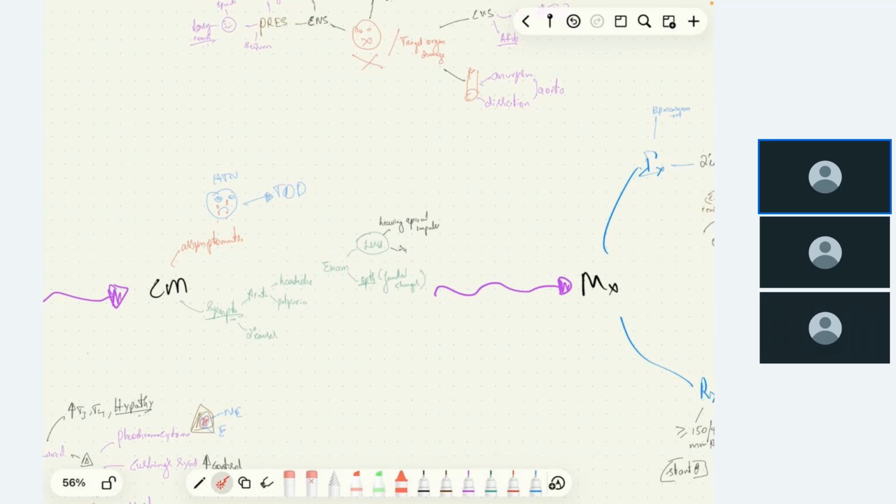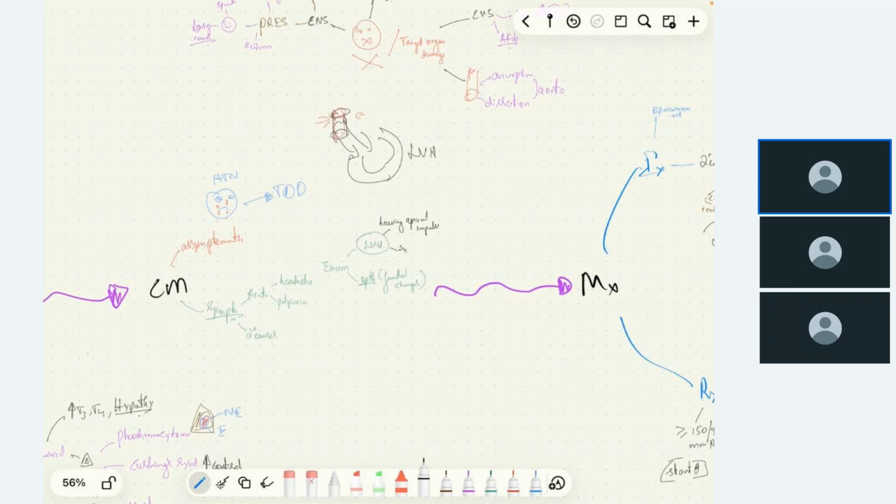And also, due to left ventricular hypertrophy secondary to hypertension, the hypertension increases the peripheral vascular resistance. Increased peripheral vascular resistance inside the blood vessels will cause back pressure. Here the resistance is increased, we will have back pressure, and it will cause left ventricular hypertrophy.